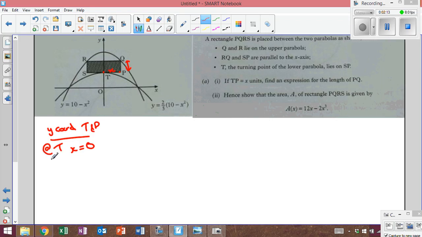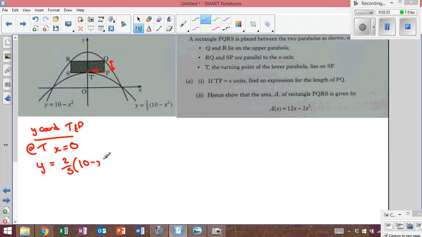And we know that y is equal to 2/5 of 10 minus x squared for that point T. Sorry, I just messed up with my pen. So T is x is 0, so y is going to be 2/5 of 10 minus 0 squared. So that's just 10, so 2/5 of 10 is 4. So that distance there is 4, which means it's exactly the same there.